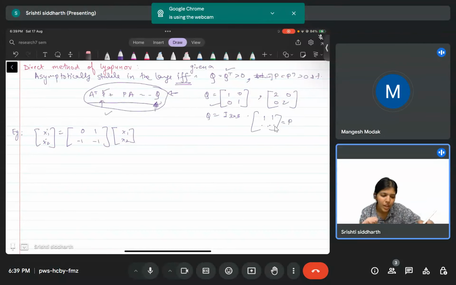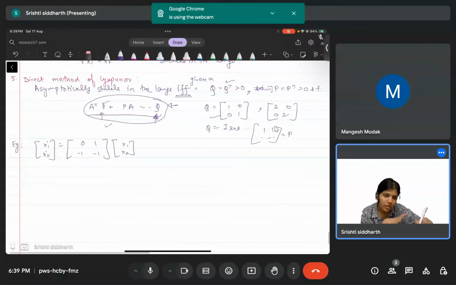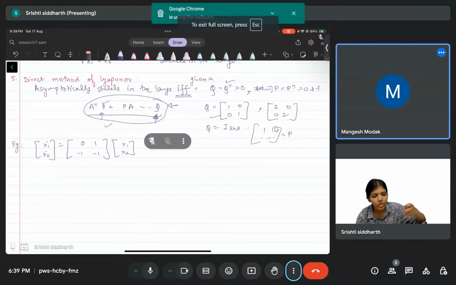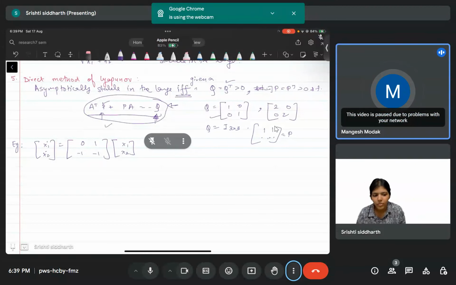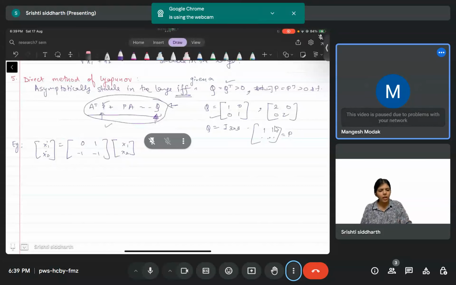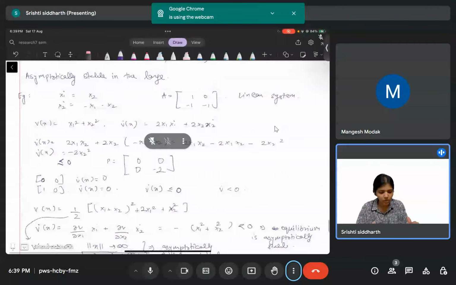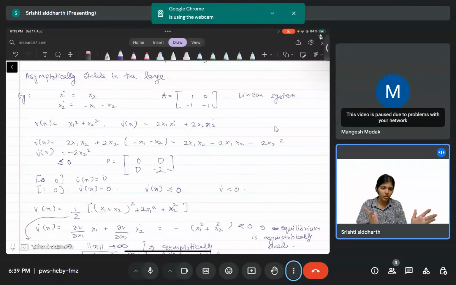Then P would be a different matrix, but it has to be symmetric and positive definite, since it's a linear system. This kind of question is similar to the one in which you were talking about the Lyapunov function also not needing to be unique.